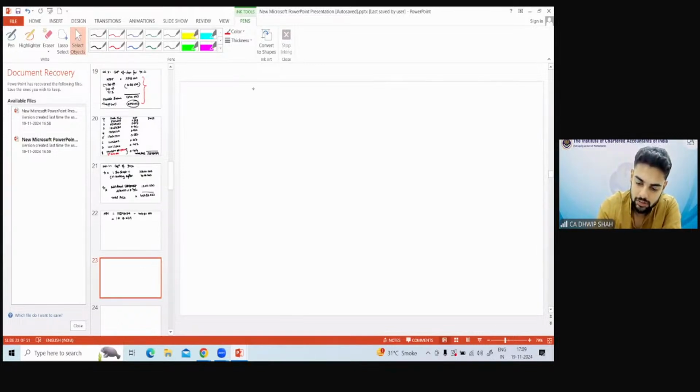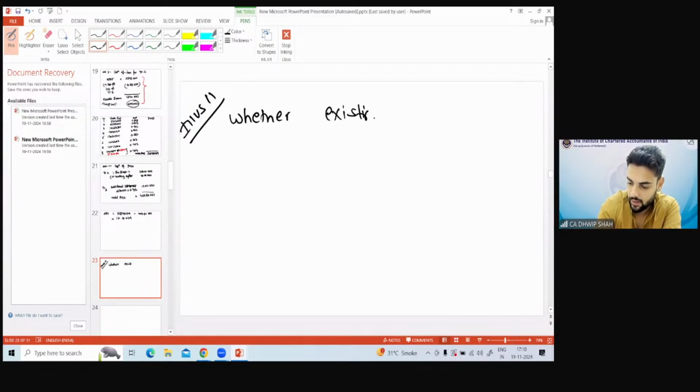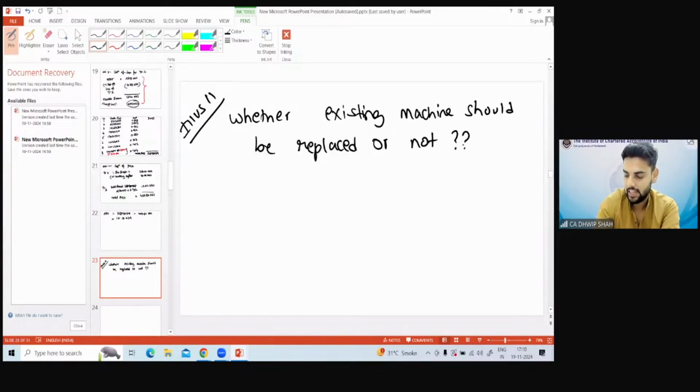Okay. So now see, now the question is on whether the existing machine should be replaced or not. First, which question is this? Question 11, Illustration 11. Okay. Whether the existing machine should be replaced or not. This is what we have to decide, yes or no. So this is a replacement type question, and whenever replacement decision making is asked in the question, you follow the incremental approach, or you do incremental analysis.